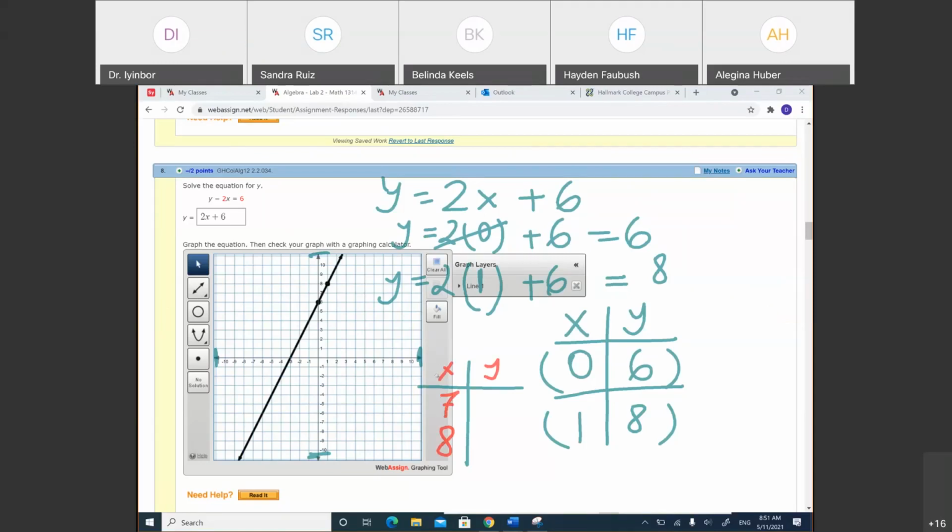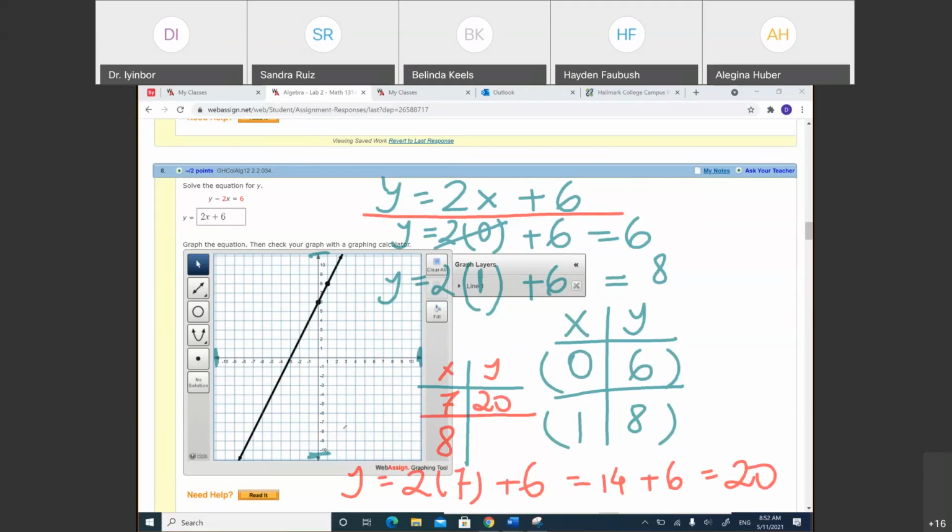When I replace x with 7 in my equation, I get y equals 2 times 7 plus 6, which is 14 plus 6, which is 20. So y is going to be 20. Now, x and y, both of those have to be between -10 and 10.